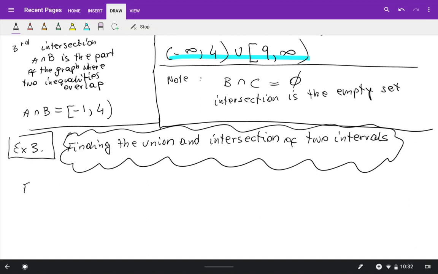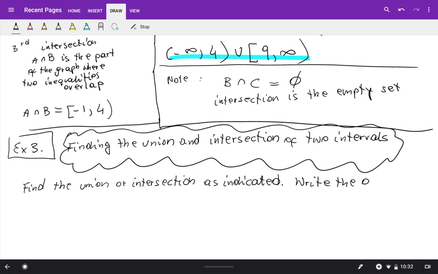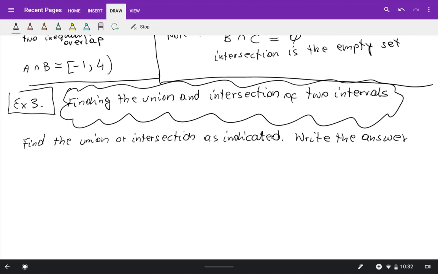So find the union or intersection as indicated. Write the answer in interval notation.